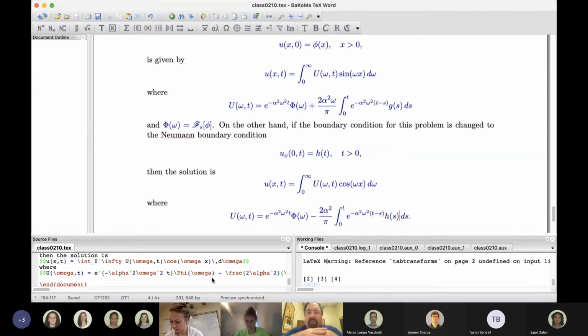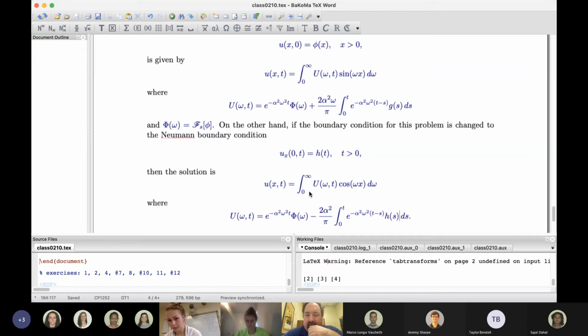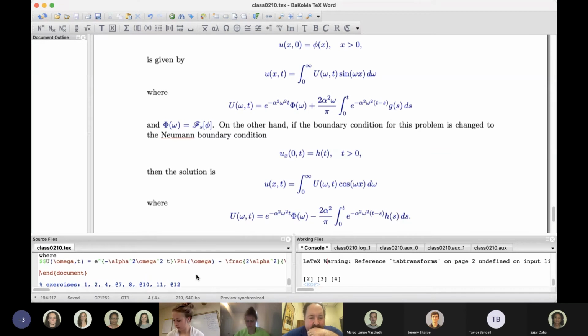So if you have a problem on a semi-infinite domain with a Dirichlet or Neumann boundary condition, then you can jump directly to the appropriate solution formula to have at least a transform of your solution, and then, if possible, try to work out the appropriate inverse transform from there.